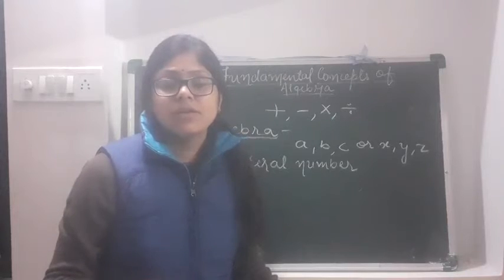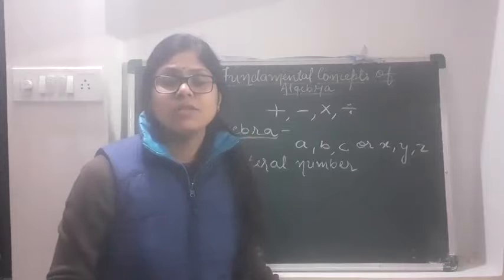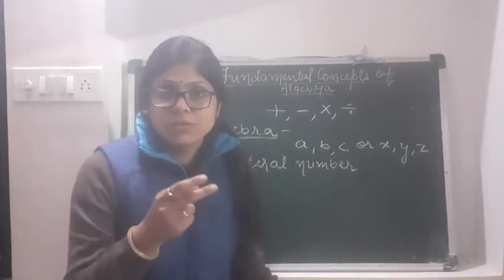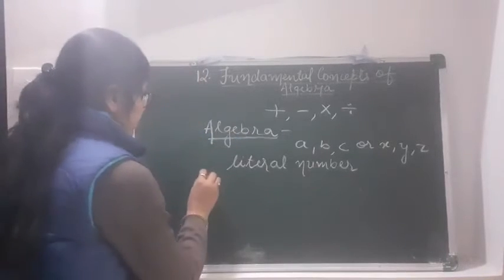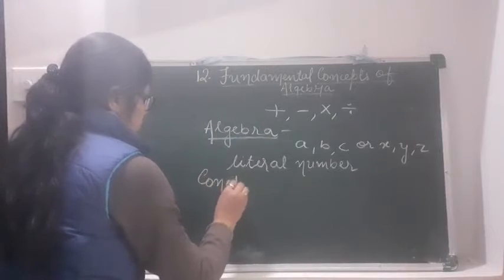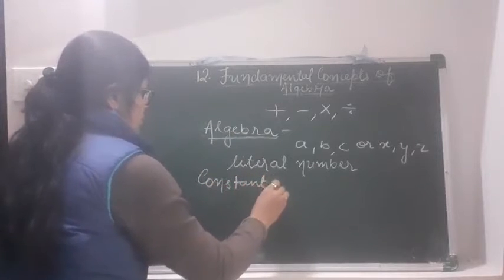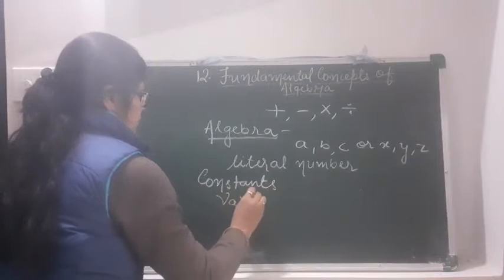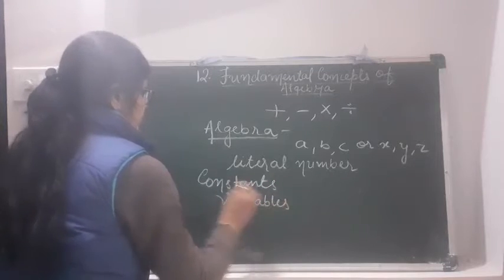This algebra is a combination of constants and variables. Now two terms are coming, constants and variables.